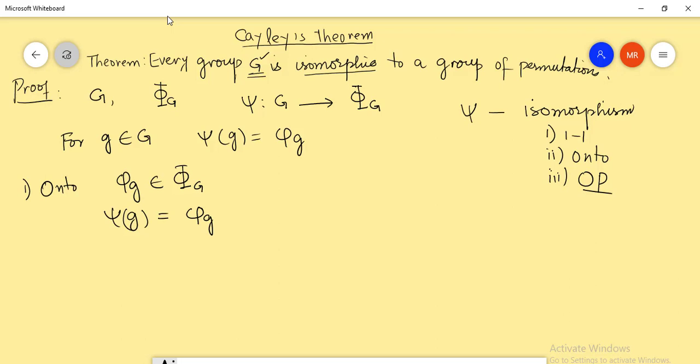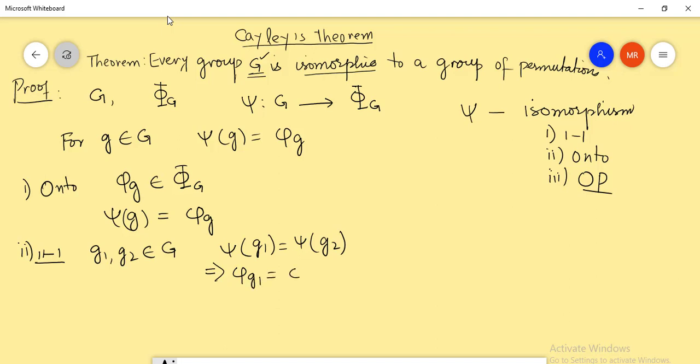To prove that this mapping is one-to-one, we consider g1 and g2 belonging to the group G and assume that they have the same images under psi. That is, psi of g1 is equal to psi of g2. By definition of this mapping psi, this would imply that phi_g1 is equal to phi_g2.